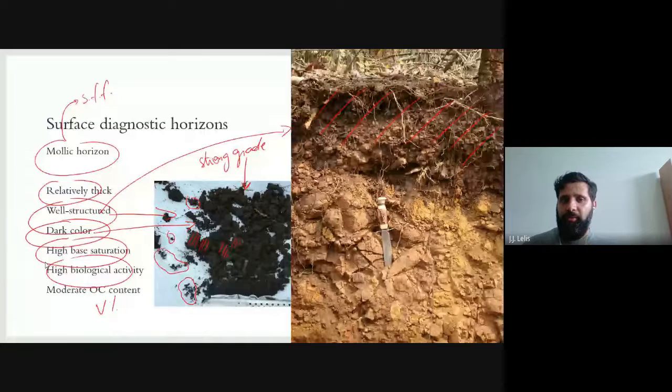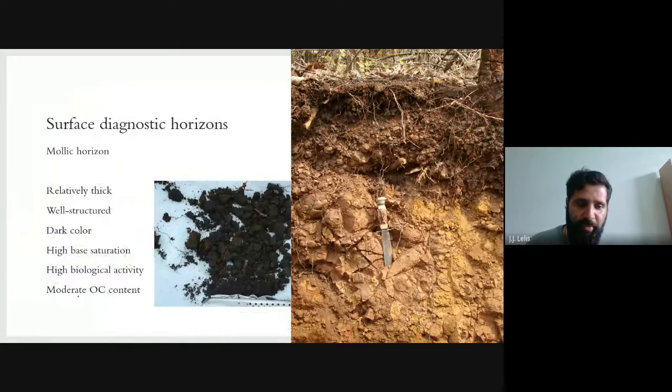So this horizon is created by an intense and deep action of animals in the surface, animals and of course vegetation, but especially animals, termites and earthworms. They create this diagnostic horizon, and it should present moderate or high organic carbon content. Okay.